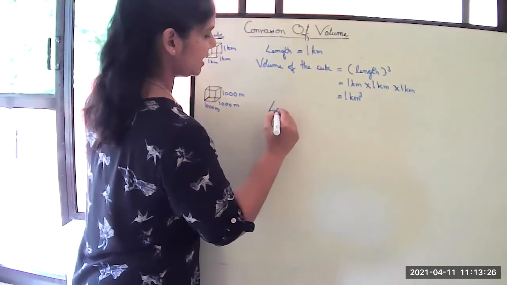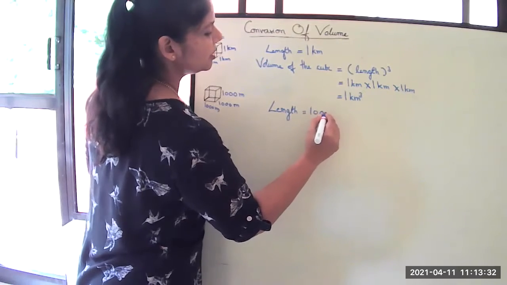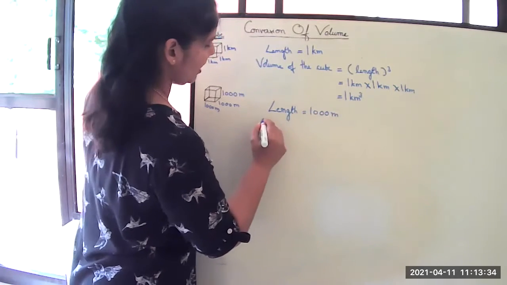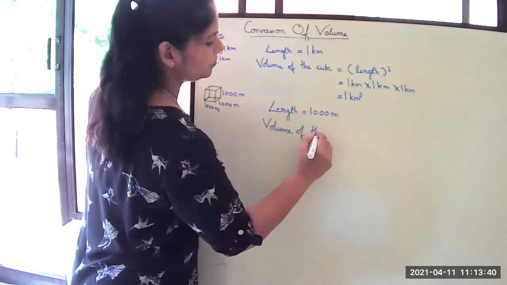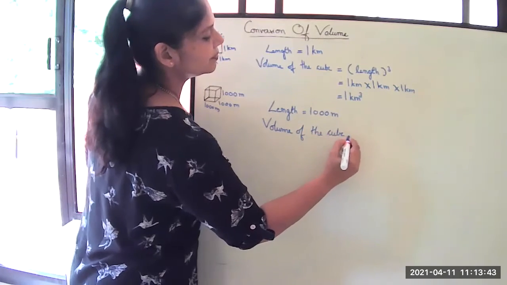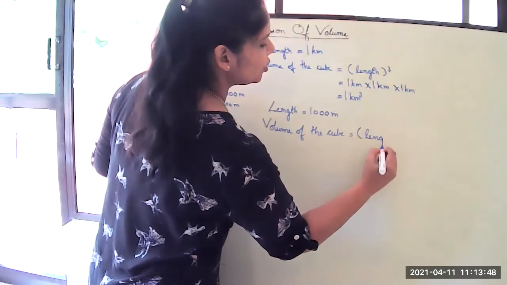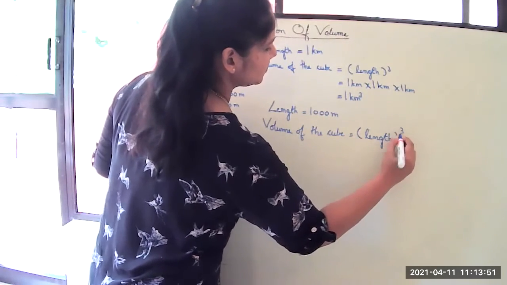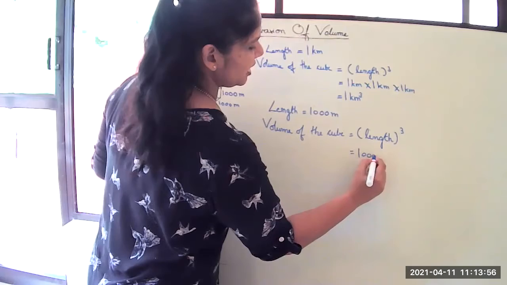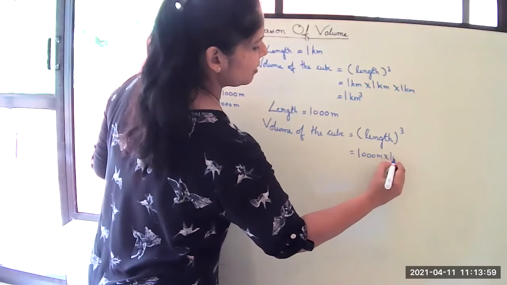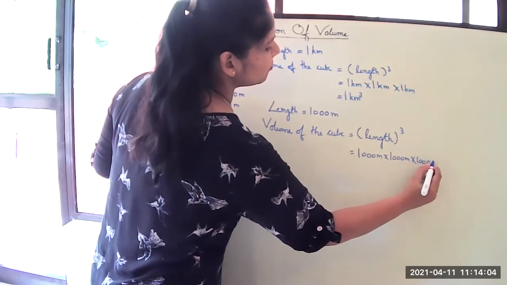So now the length is 1000 meters, and the volume of the cube is equal to length cube, that is, 1000 meter multiplied by 1000 meter multiplied by 1000 meter.